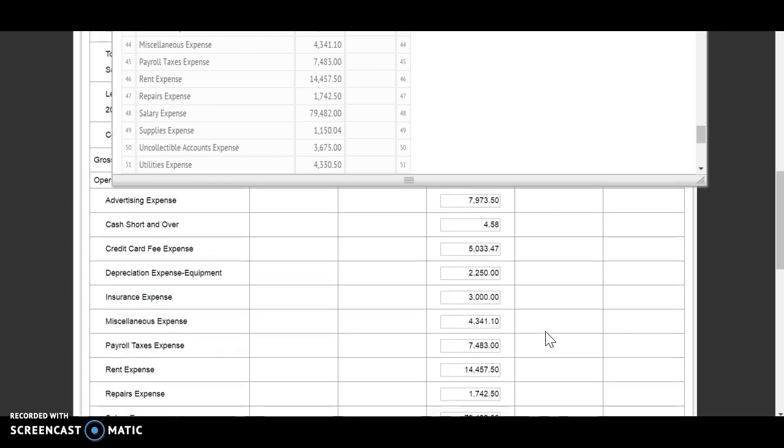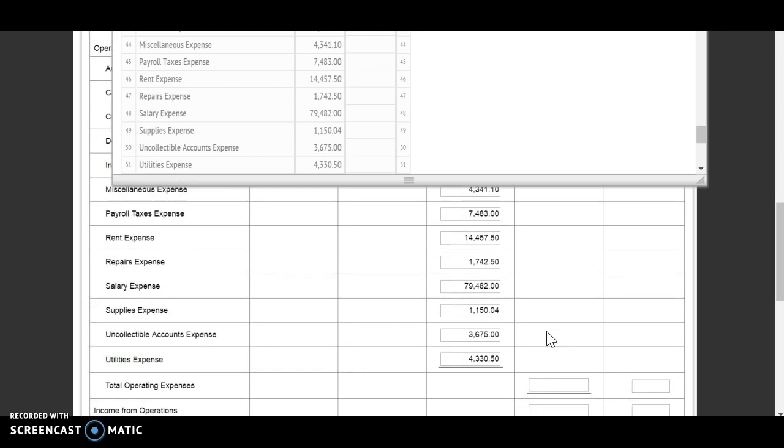So I'm simply going to be adding all of my expenses together. Okay, you should get a total of $134,923.19.